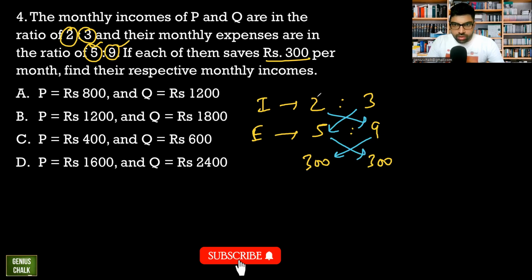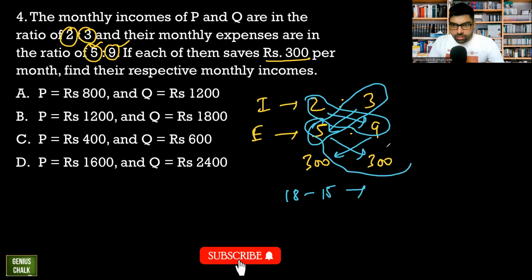So 9 2s are 18, 5 3s are 15. And this is 9 3s are 27 minus 5 3s are 15. So 3 units is equivalent to how much? It is equivalent to 1200.